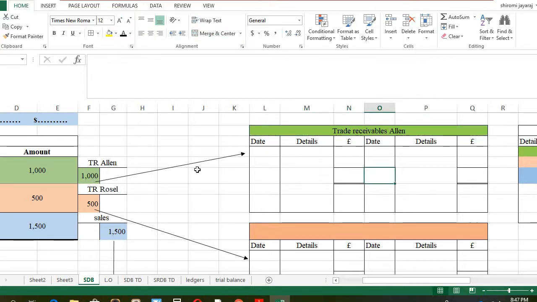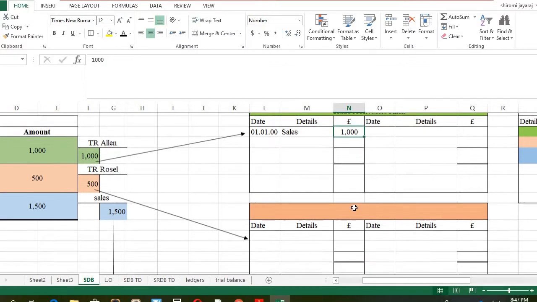First entry is trade receivable Allen, debit. Write the date when the transaction occurred, followed by the opposite account's name, which is sales because we credited sales, and then the respective amount.